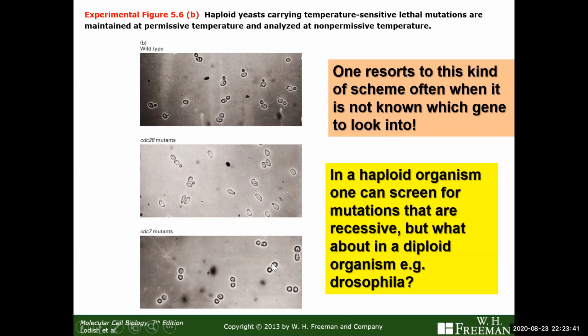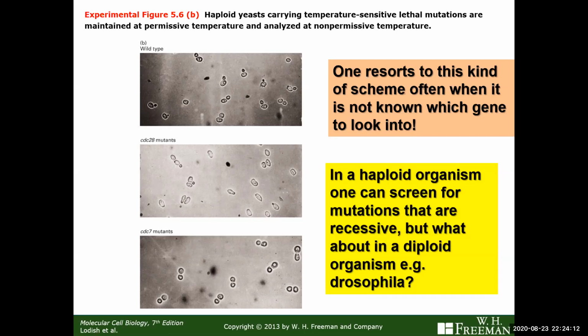You will not find a single one which has a different morphology. So, just by simple examination under the microscope, just by looking at it, you can tell that this one has a defect in the budding process per se. And this one has a defect in completion of the budding. Okay? Everything else is done, just the last stage of budding, or last but one stage of budding, is arrested.